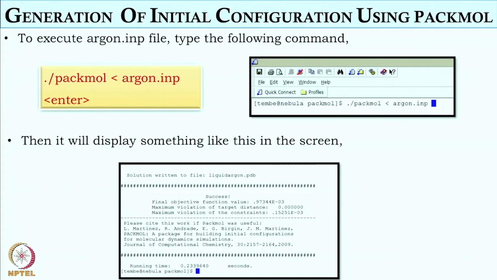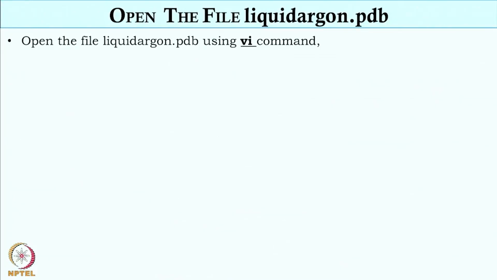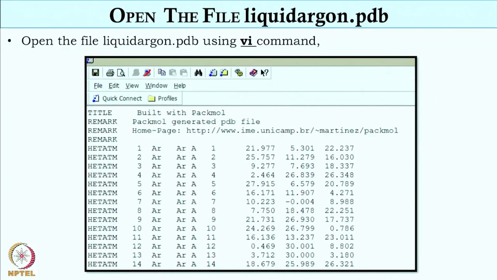So how many lines will be there in the output file liquid argon.pdb? To open the output file, we will use the vi command, and this will be the output file. Since we have taken 567 argon atoms, it will have 567 argon atoms in the liquid argon.pdb file.